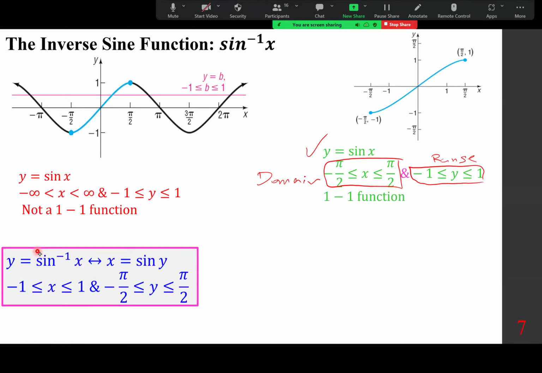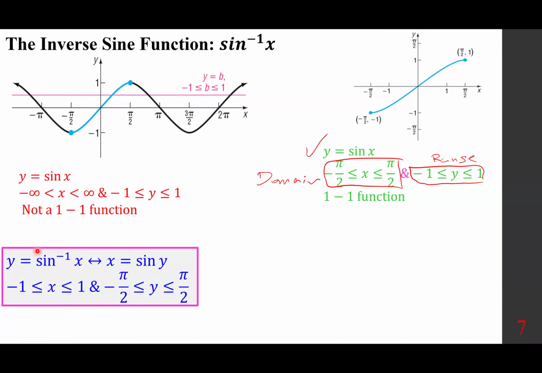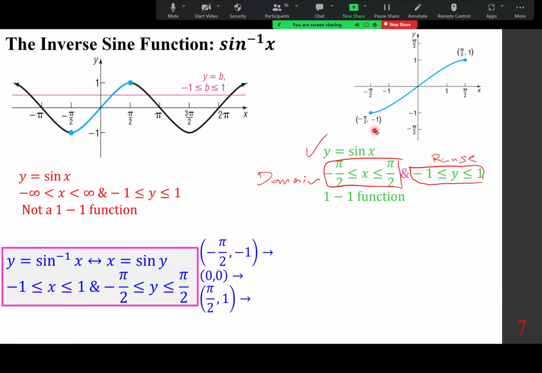Now, we want to graph its inverse. So all you have to do is pick up a few easy points and figure out what you get. For example, if you look at these points, minus pi over 2, minus 1; 0, 0; pi over 2, 1, those are easy points. All you have to do is interchange. So this becomes minus 1, minus pi over 2. This doesn't change, 0, 0.